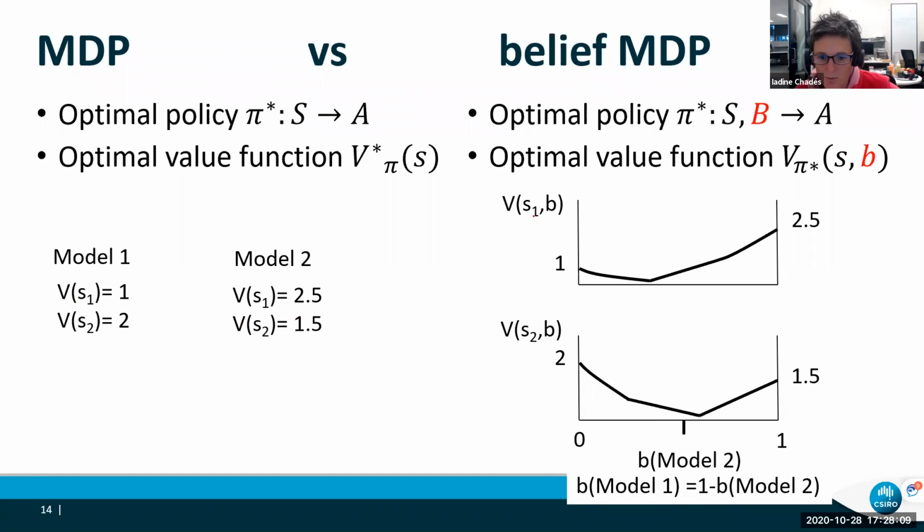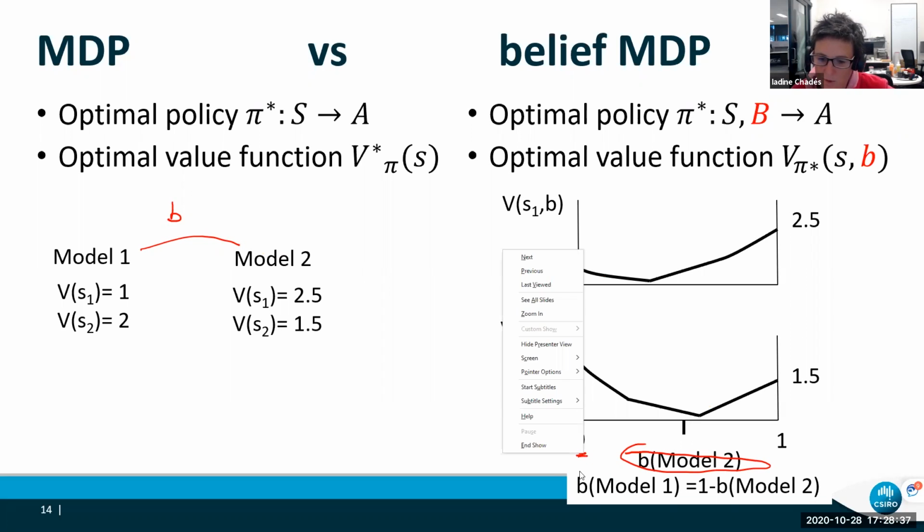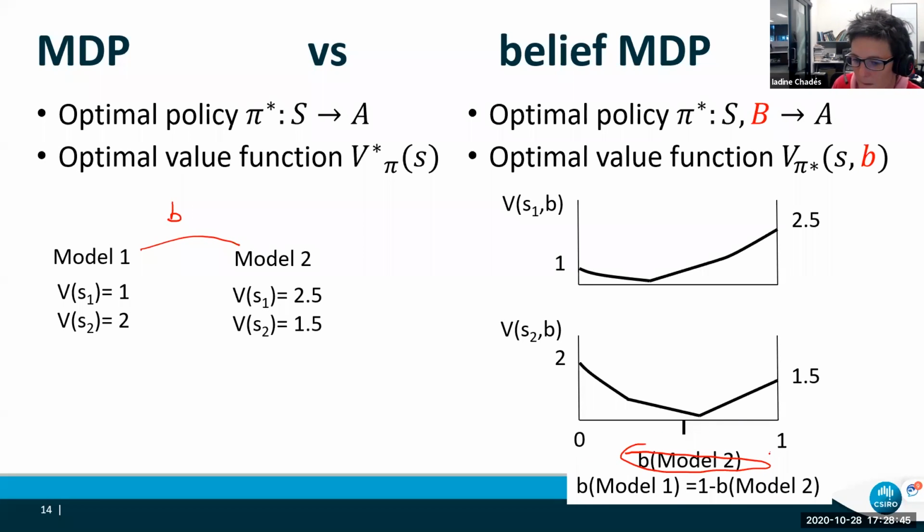In the belief MDP world, what happens is we have a probability of model 1 and model 2. So we have a belief over these. And that belief is represented here, right? This is the belief that model 2 is true. When we have 0, that means that model 1 is true. And when we have 1, that means that model 2 is true.